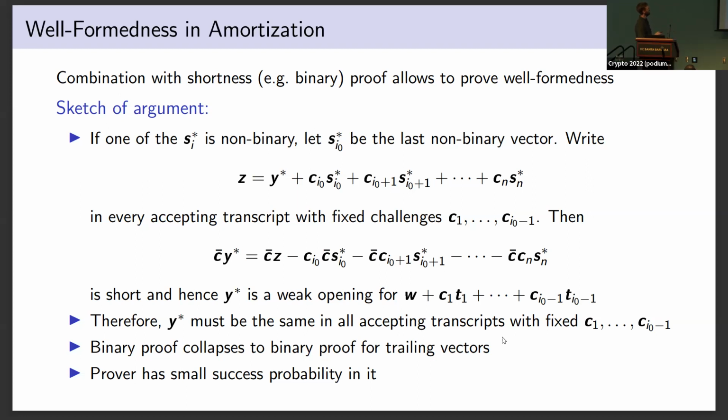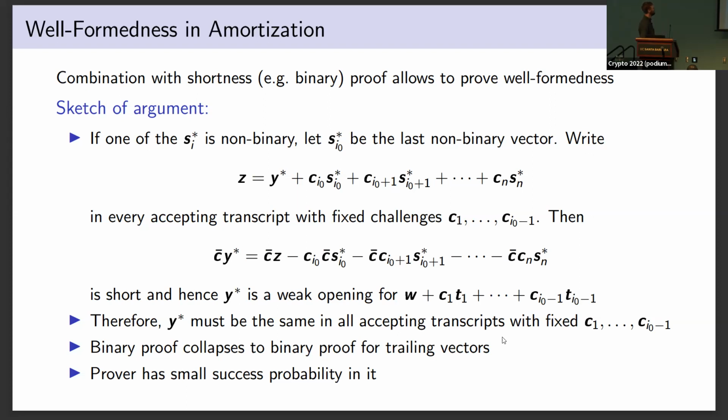Then in one of these transcripts, we write Z in this form where we absorb all the terms Ci Si star for i smaller than i0 into Y. Then we can apply the simple non-amortized argument and just multiply by the C bar that makes the Si0 small. And on the right-hand side, we get something small again, because all the later terms are small by assumption. We said that Si0 is the last non-binary vector.